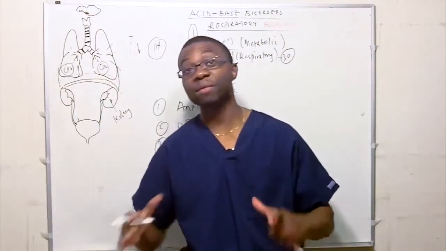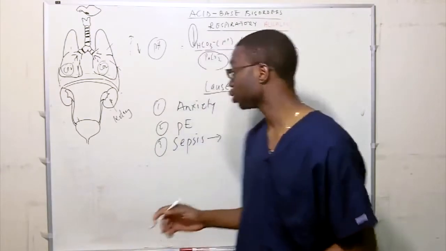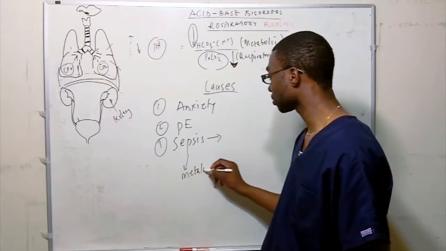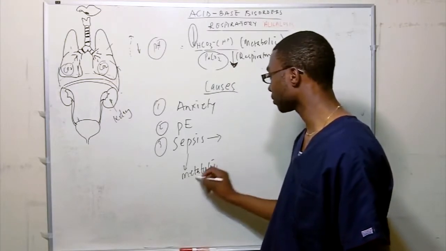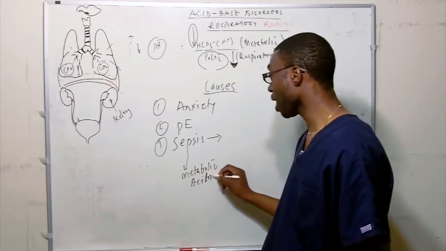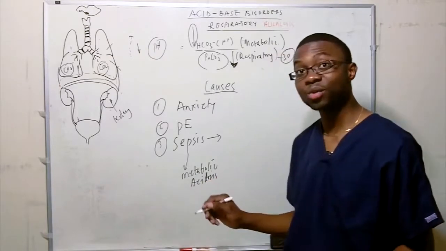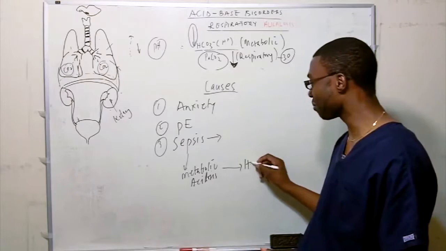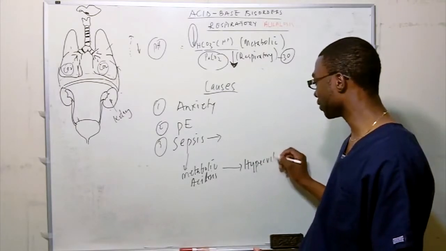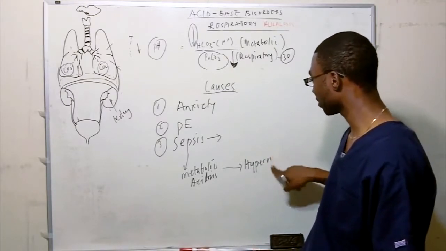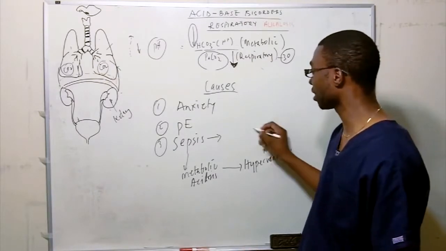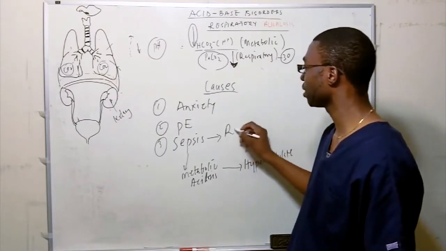You go into systemic vasodilatation. You start off having metabolic acidosis, right? However, how do we compensate for metabolic acidosis? We hyperventilate. If we hyperventilate long enough, what we will develop?